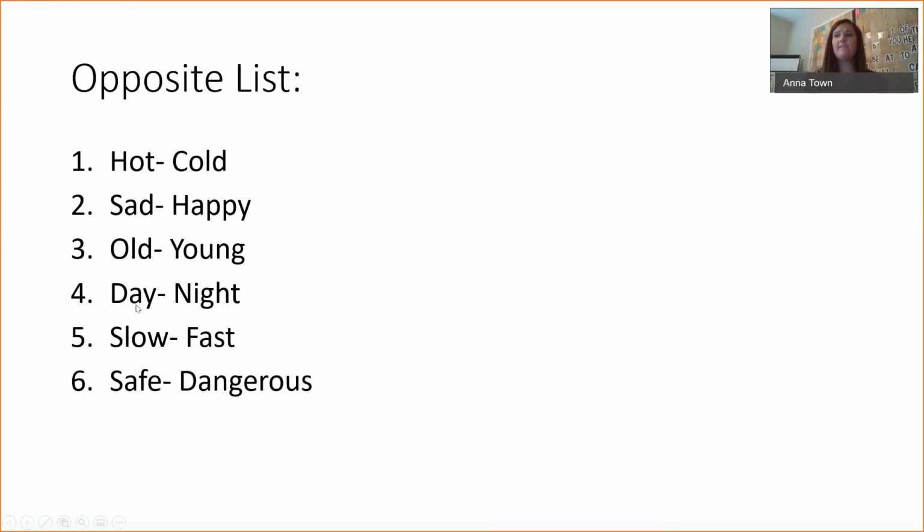The fourth thing I have listed is day versus night. During the daytime, most people like us right now at school are working and doing things, engaging, moving around, and have things to do. In the nighttime, most of us are sleeping, giving our bodies rest. Those are different things, meaning opposites.